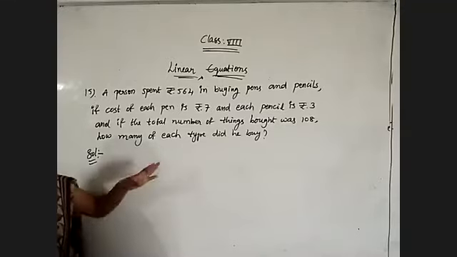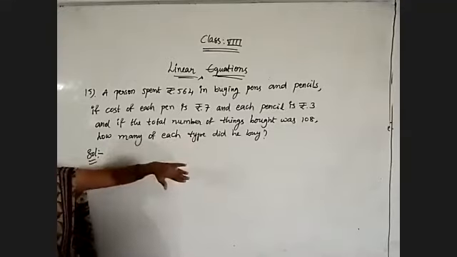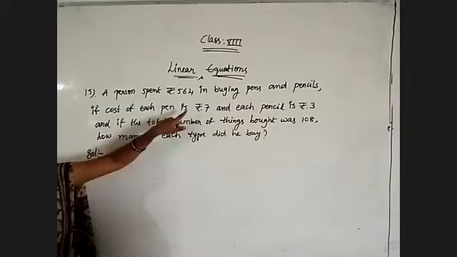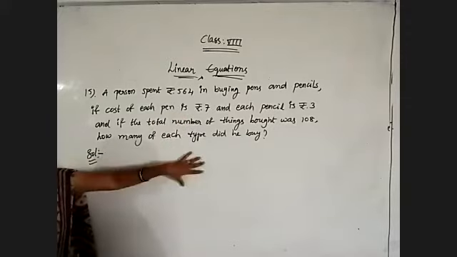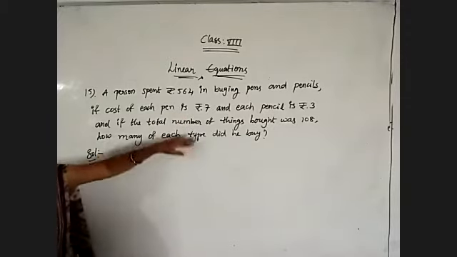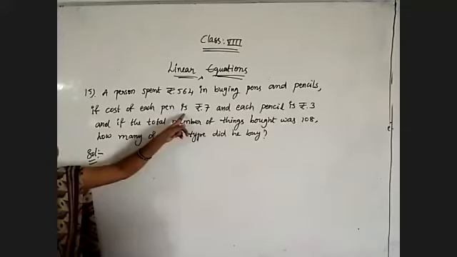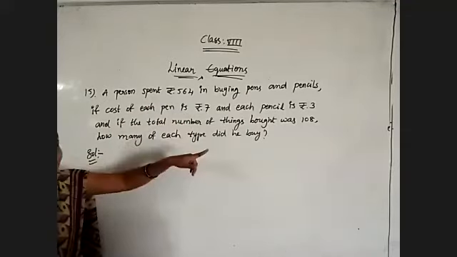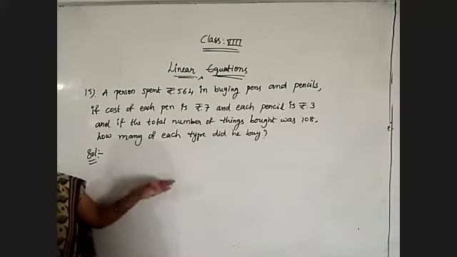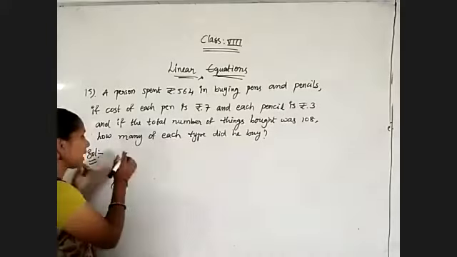So like that, whatever value is there, number of pens into cost of 1 pen will give total value. So here total money on pens and pencils is given, and each pen cost is 7 rupees, each pencil cost is 3 rupees.